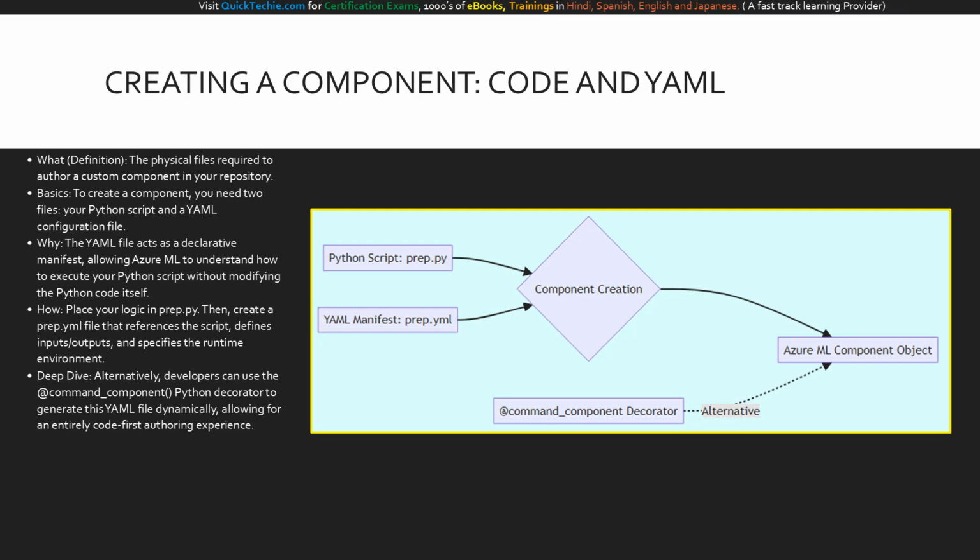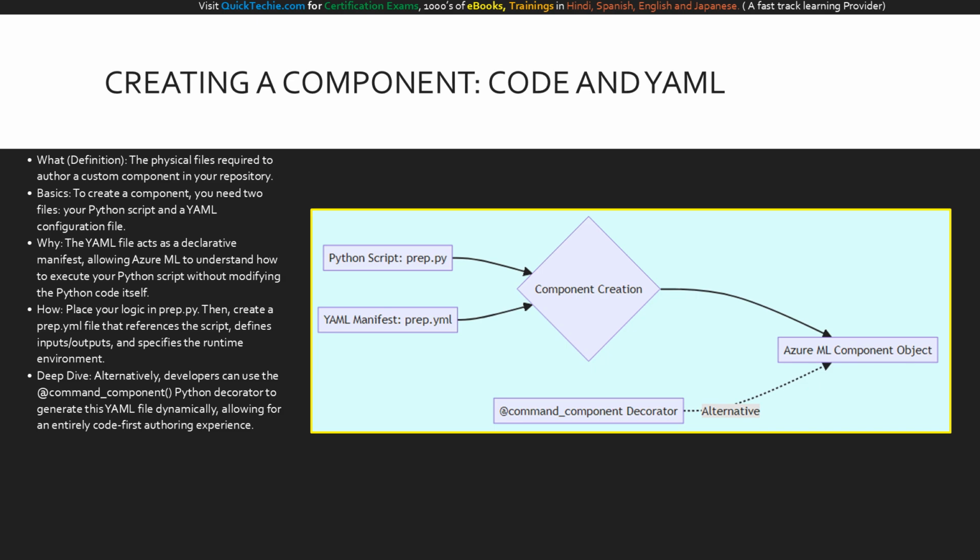How do we actually build these components in practice? To create a component, you need two fundamental files, a script containing your workflow logic and a YAML file. Let's say you have a Python script named prep.py that removes missing values and normalizes your data. You cannot just upload the script alone. You must pair it with a YAML file. Let's call it prep.yml. This YAML file is a declarative manifest.